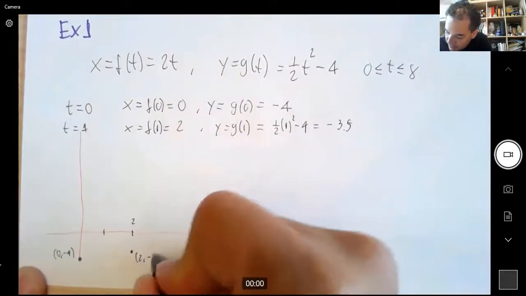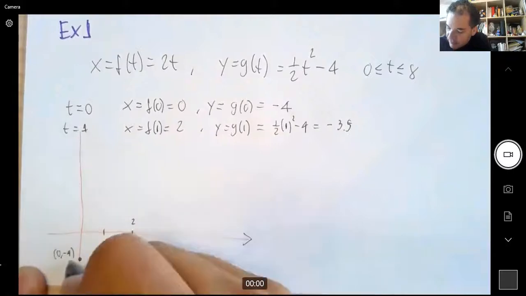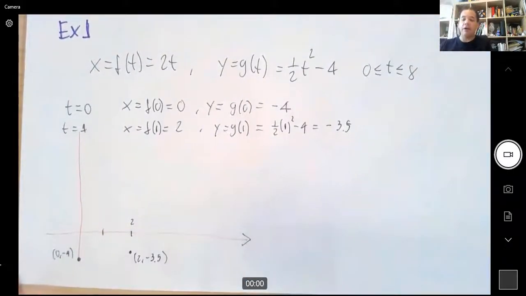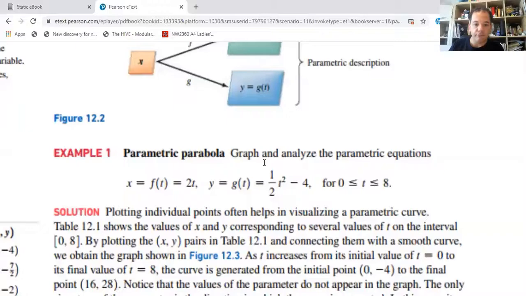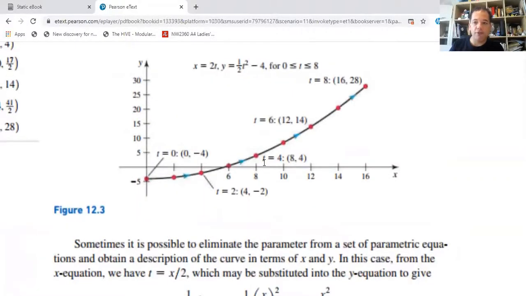So 2, -3.5, right? And right now I'm just showing you snapshots. What happens at 0 seconds, at 1 second, and 2 seconds, and so on? I'm going to turn back to the book again, so there's a better drawing there, so you can appreciate what's happening right here. Yes, this picture over here.